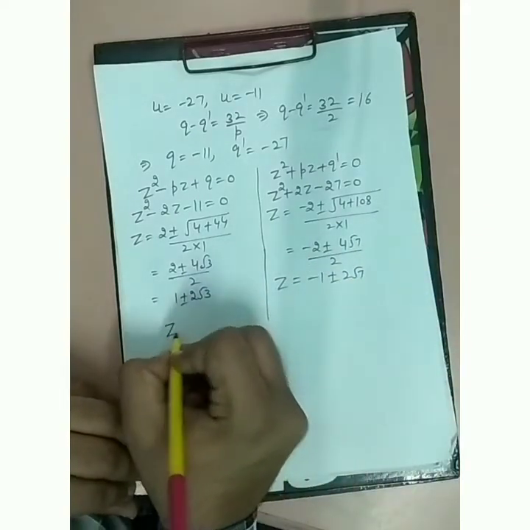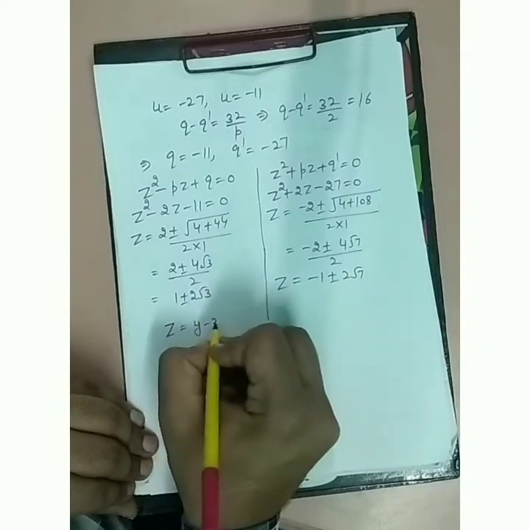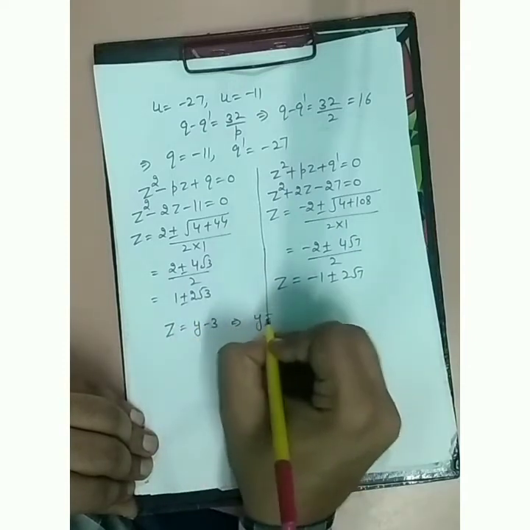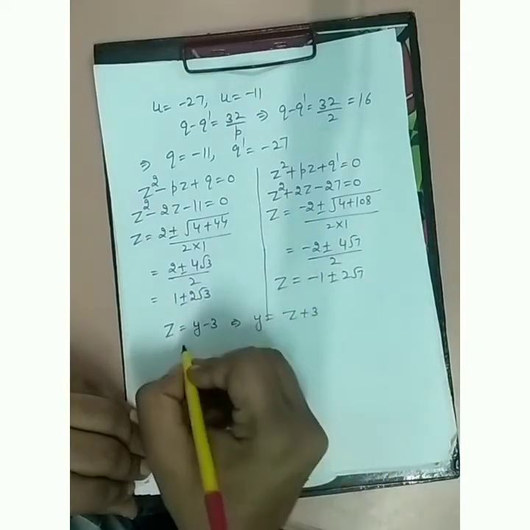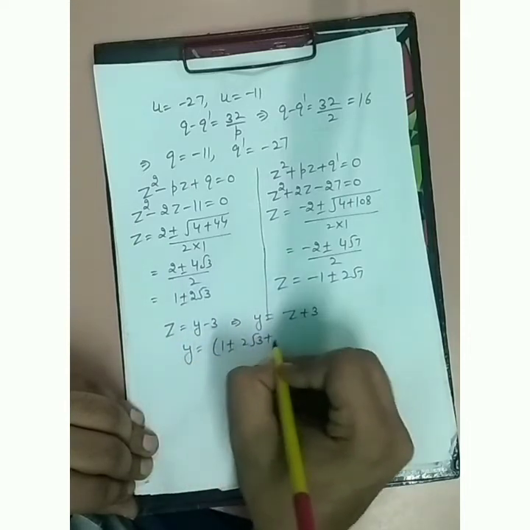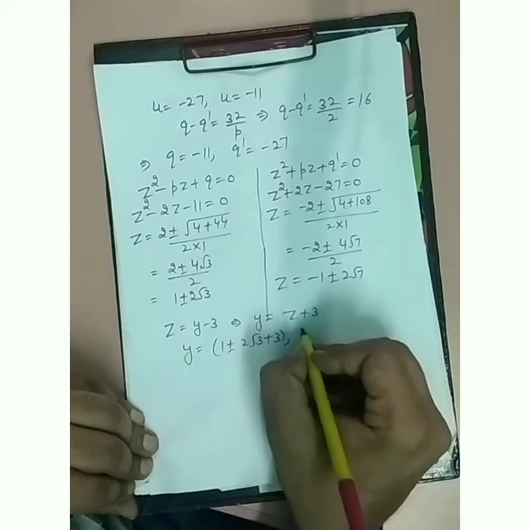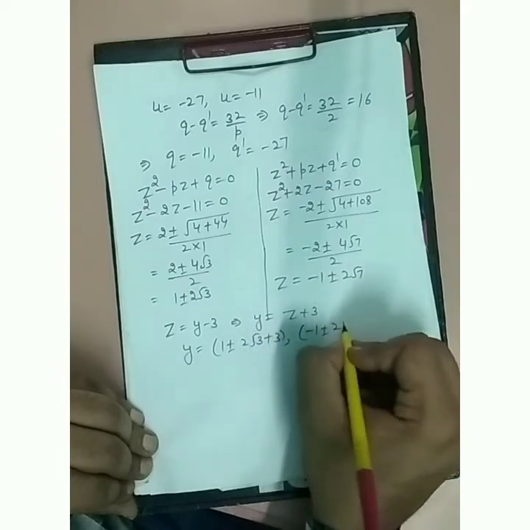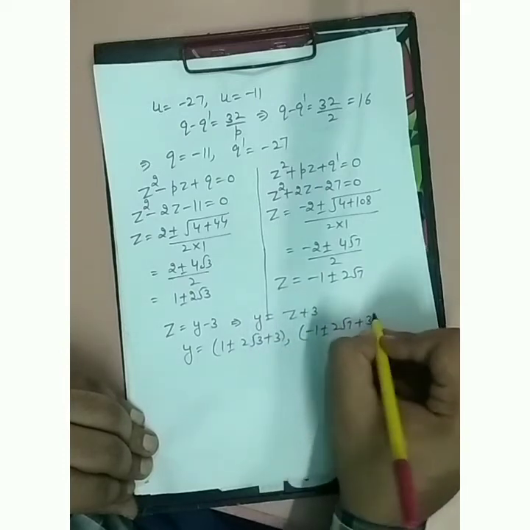We know that z is equal to y − 3. So this implies y is equal to z + 3. That means y is equal to 1 ± 2√3 + 3 and −1 ± 2√7 + 3.